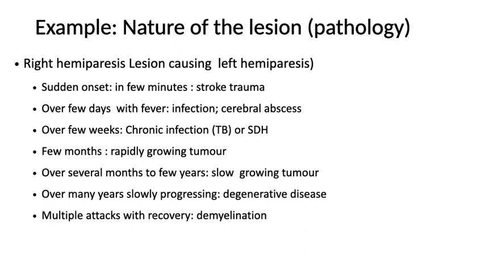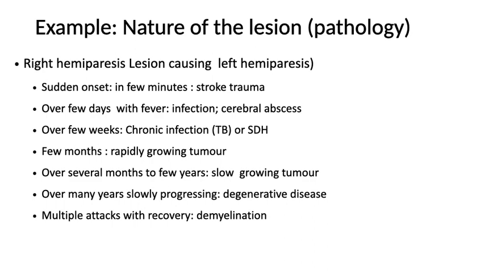If it occurs within a few days with fever, it is very likely to be an infection, something like a cerebral abscess or meningitis. If it occurs over a few weeks, it is more likely to be a chronic infection like tuberculosis or subdural hemorrhage.